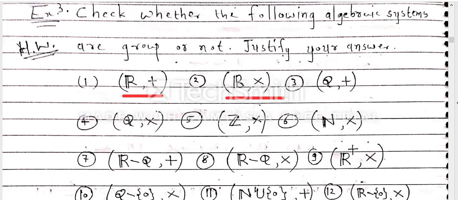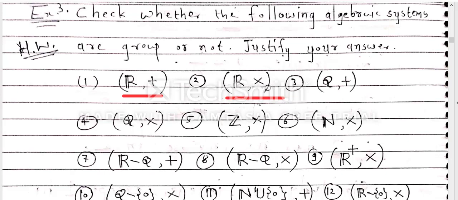Why? Which property will not be satisfied? Suppose we start with the first property. The first property is that the multiplication of any two real numbers must be a real number. So if I take any two elements x and y in R, is x into y in R or not? We know that the multiplication of real numbers is a real number. So multiplication is a binary operation on the set of real numbers.